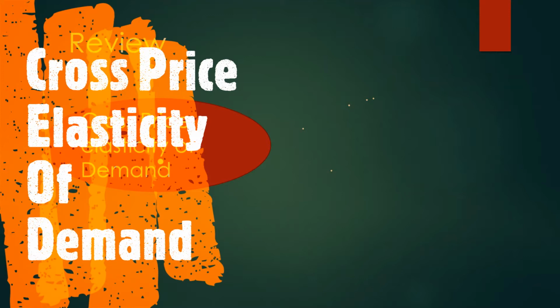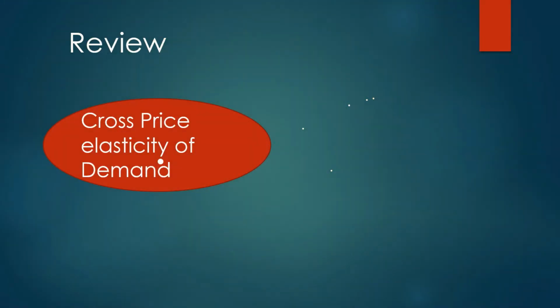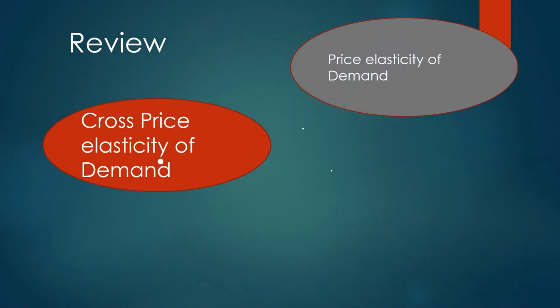In this video, I am going to give you a review of one of the topics from the elasticity of demand. In my other video, I have already covered price elasticity of demand, where we consider the proportionate changes in the quantity demanded for a good because of the proportionate changes in the price of the good itself.